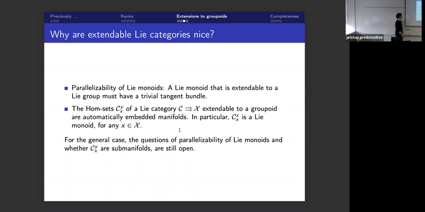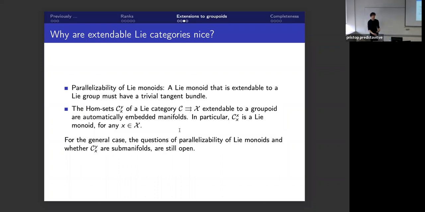And as a consequence, if you consider all of the morphisms from X to X, so over the same object, this is going to inherently have the structure of a Lie monoid, and this kind of result ensures that it's going to be a Lie monoid, right?